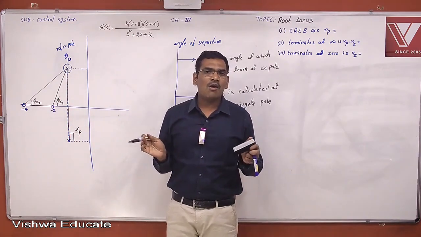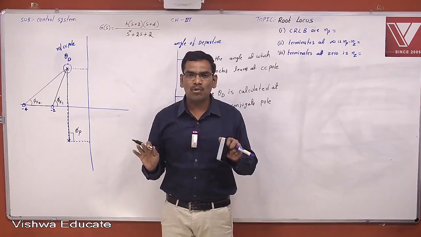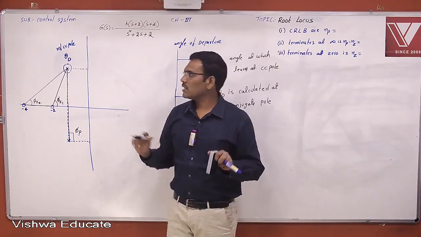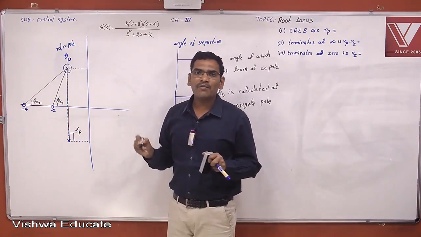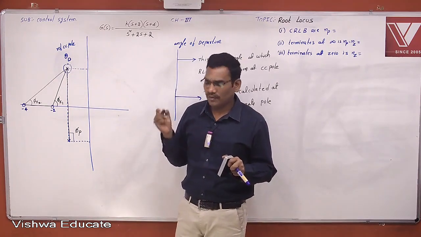So measure all the angles made by poles and made by zeros with respect to the reference complex conjugate pole, where we want to measure the angle of departure.